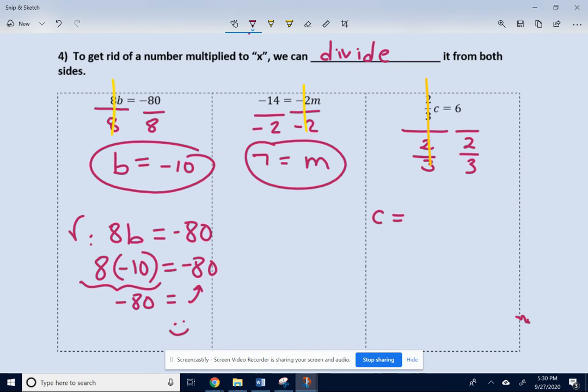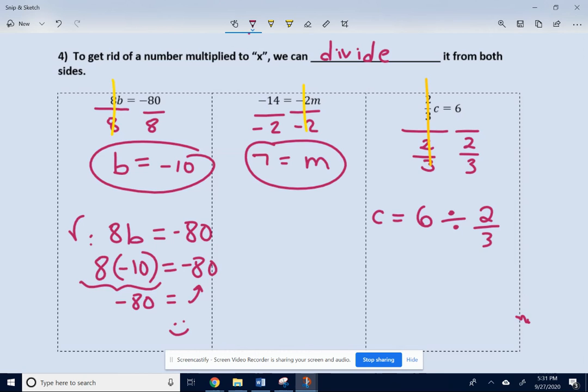Now that to me looks confusing the way it's written right now. I know that it means 6 divided by 2/3, but boy, that looks messy. So I'm going to just rewrite it with the division sign. I'm going to say 6 divided by 2/3. That's the way you guys are used to seeing that. So c is equal to 6 divided by 2/3.